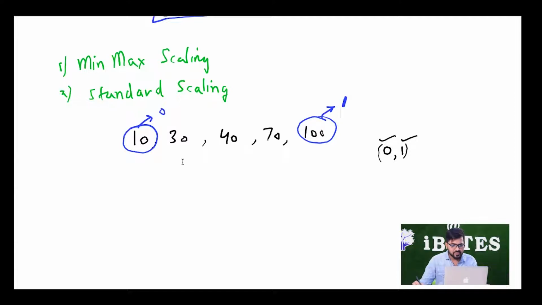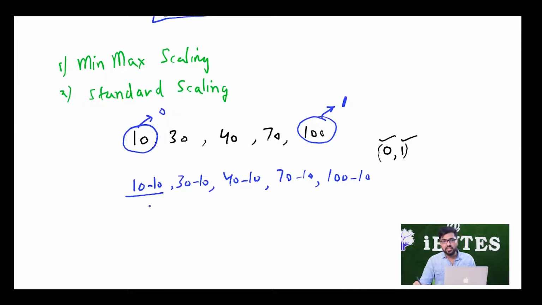So how we do it is, from each of the values subtract the minimum value, that is subtract 10 from each of them, and divide each of the values by the difference of maximum and minimum values, that is 100 minus 10.